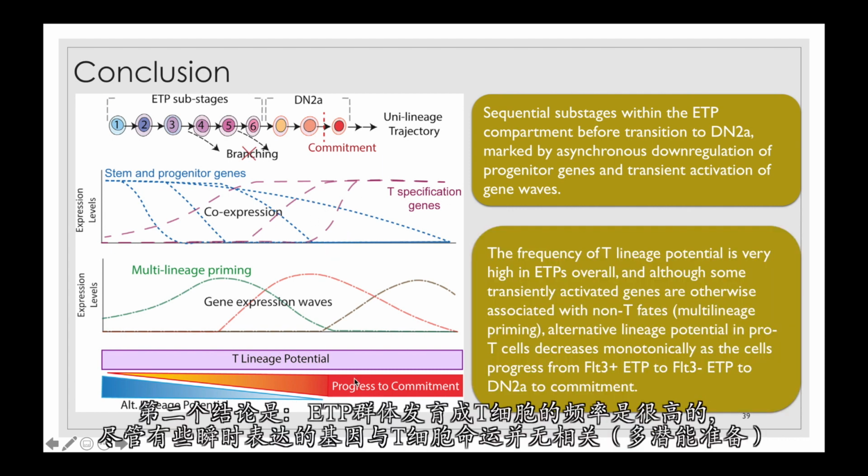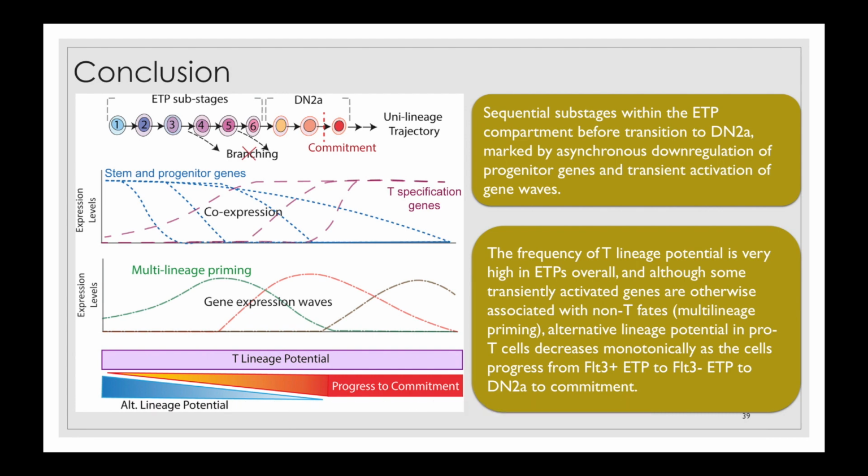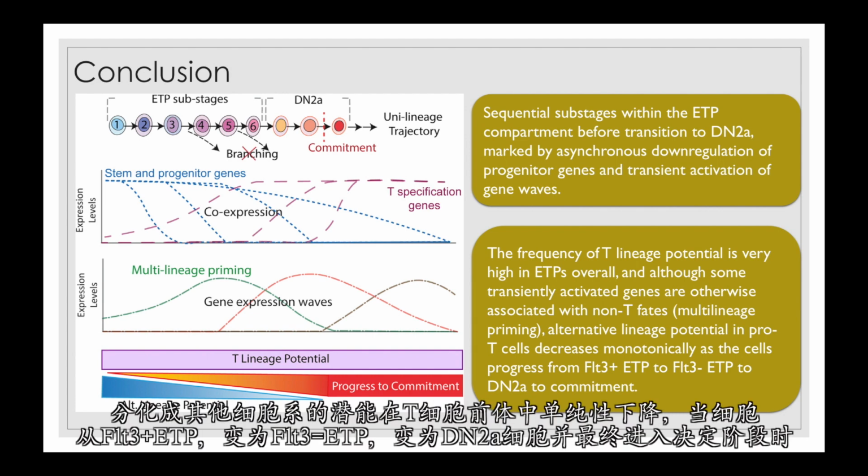The second conclusion is that the frequency of T lineage potential is very high in ETP overall. And although some transiently activated genes are otherwise associated with non-T cell fate, alternative lineage potential in pro-T cells decreased monotonically as the cells progressed from the FLT positive ETP to FLT negative ETP to DN2A to commitment.